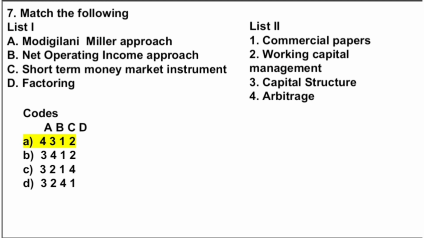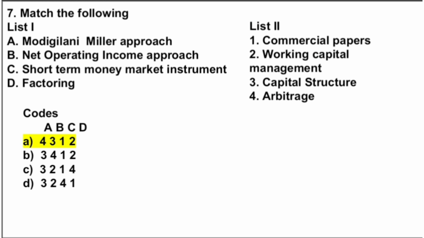And the net operating income approach, as we said earlier, is an important approach because a lot of questions are asked from capital structure theories. The net operating income approach is related to capital structure, and it is an irrelevance theory, meaning capital structure decisions are irrelevant in determining the value of the firm.